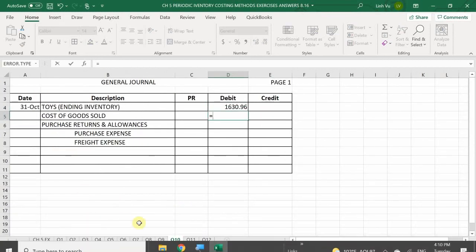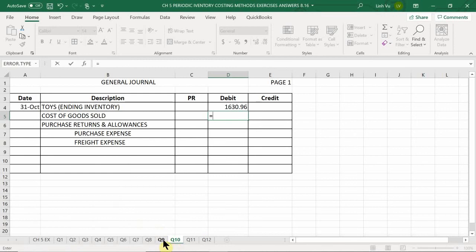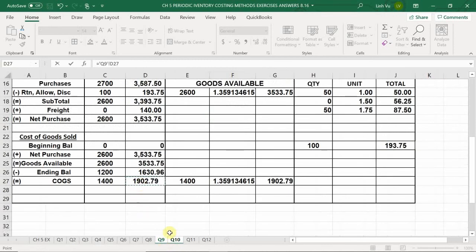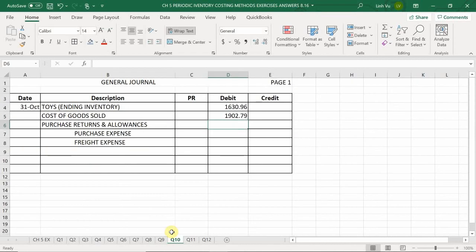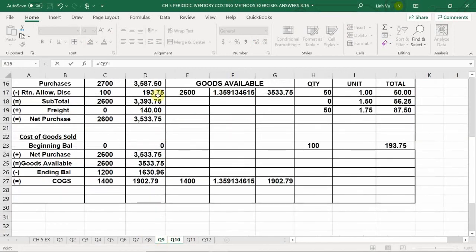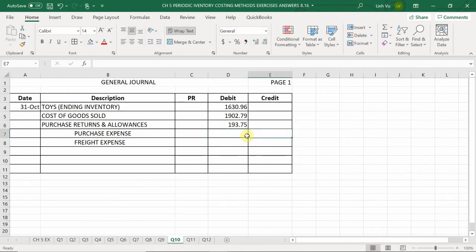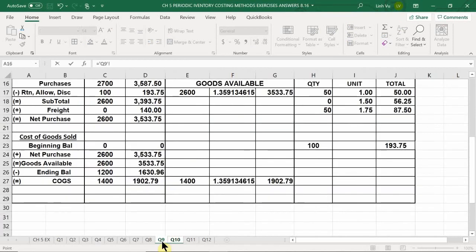Good. What was the cost of my goods sold? $1,902.79. What was my total returns and allowances? Okay. What was my total original purchases?